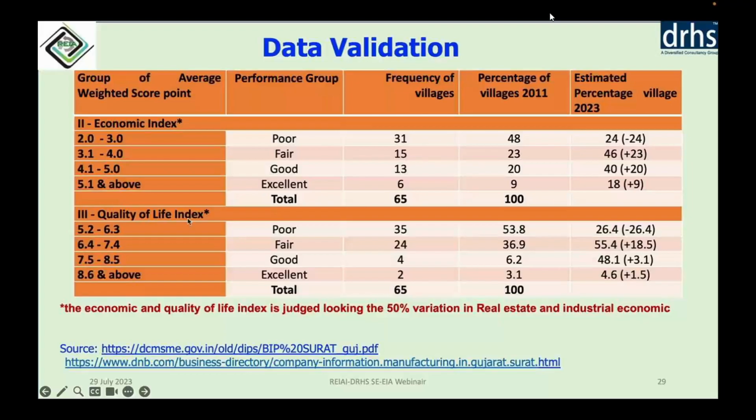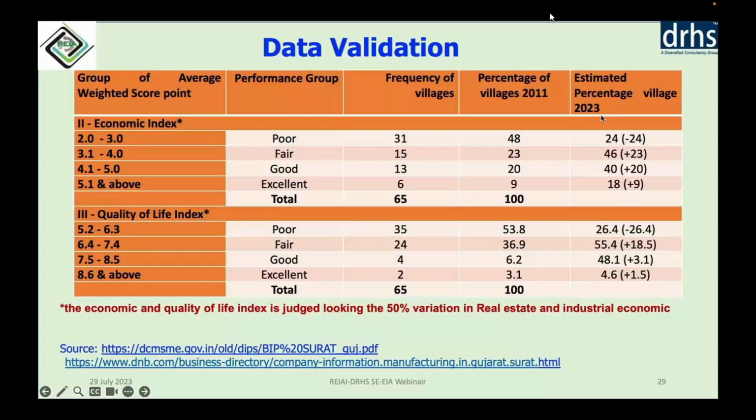Based on that data, using a simple left-hand rule, you add from here and subtract from here and add in the upper group, and this will give you an exact, not exact, but approximate estimation of the variation of the quality of index in 2023 from 2000.